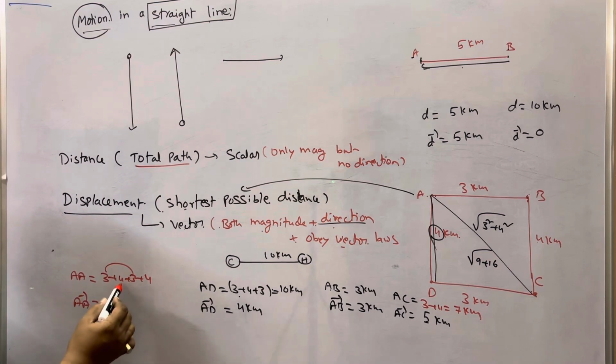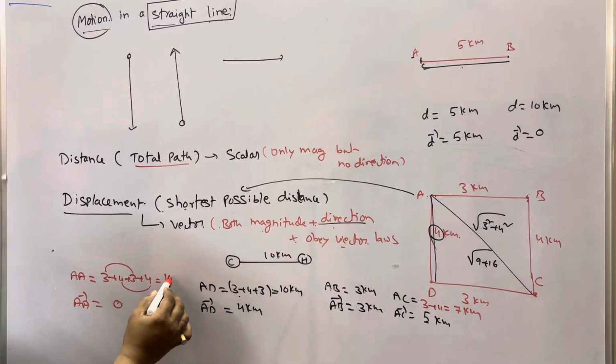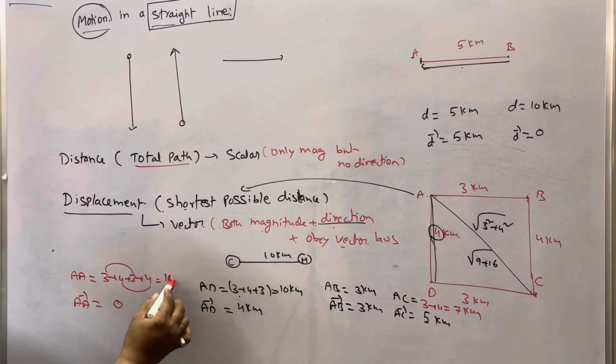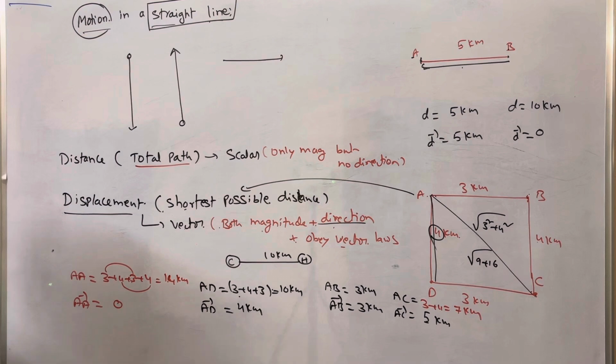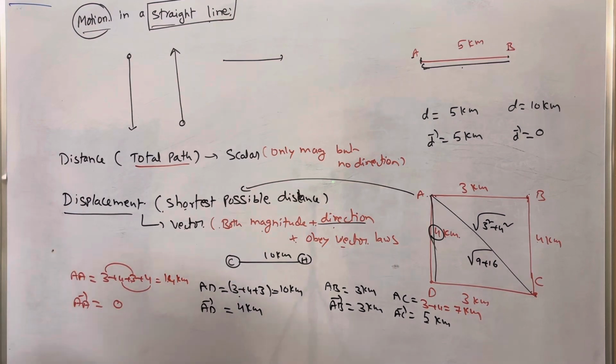So 3 plus 3, 6. 4 plus 4, 8. 8 plus 6, 14 kilometers. Correct? So this is about distance and displacement, and how it is going to move whenever it is a closed path or open path.